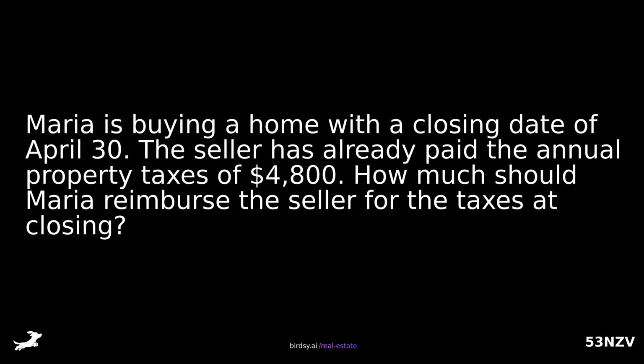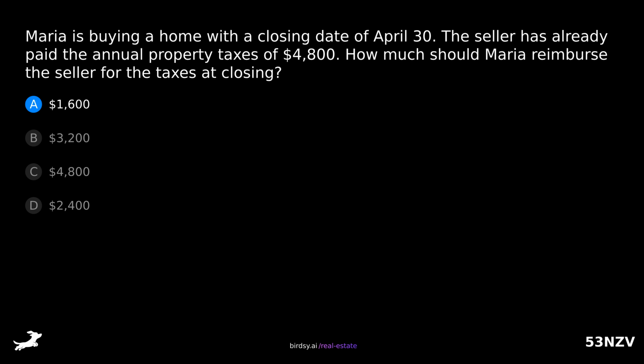Maria is buying a home with a closing date of April 30th. The seller has already paid the annual property taxes of $4,800. How much should Maria reimburse the seller for the taxes at closing? Is it A, $1,600, B, $3,200, C, $4,800, or D, $2,400?